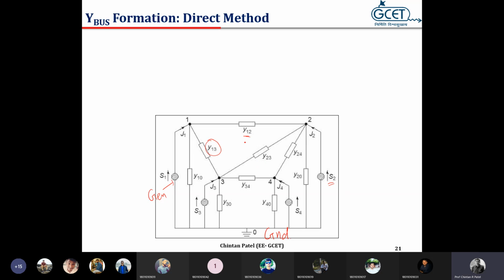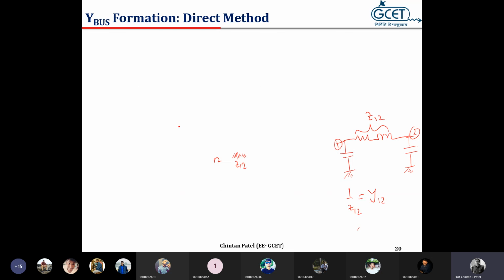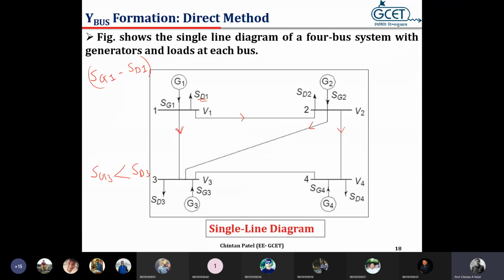Now, what about this connection? What about the connection between, let me show you in the original diagram. Okay. So see here, between generator and bus, there is a connection. That means this G1 is connected with bus with the help of some kind of reactance or some kind of small transmission network.